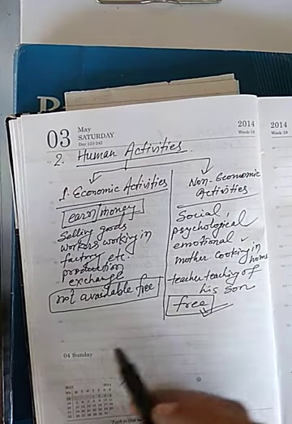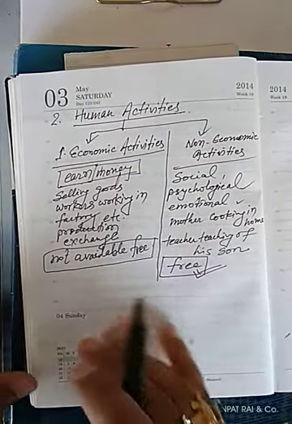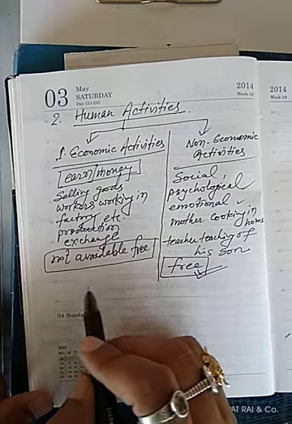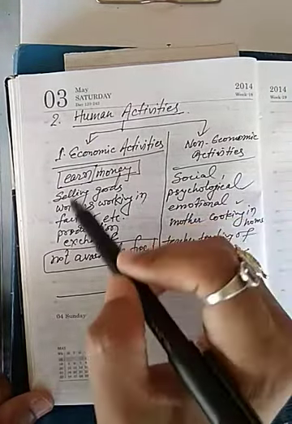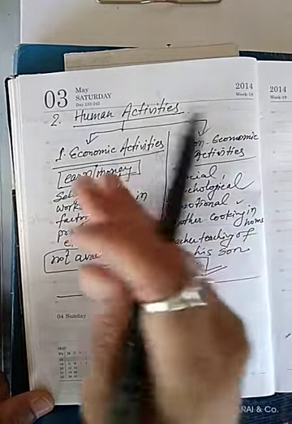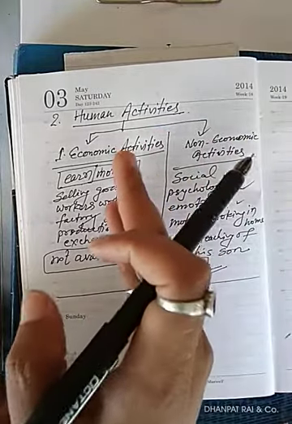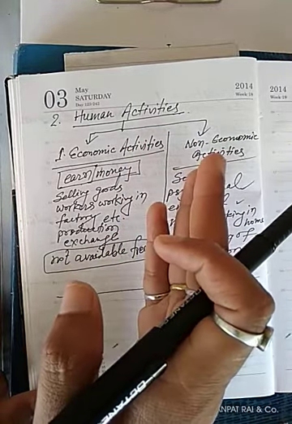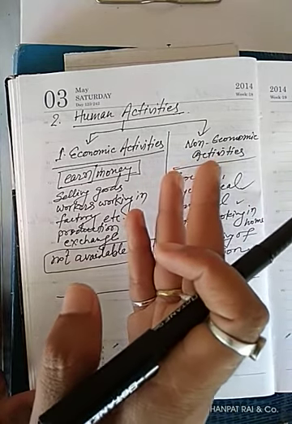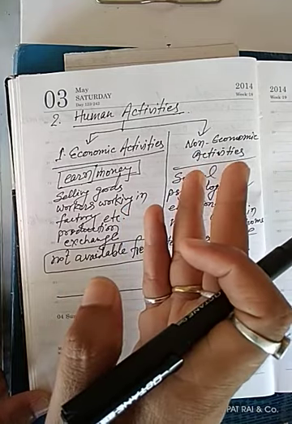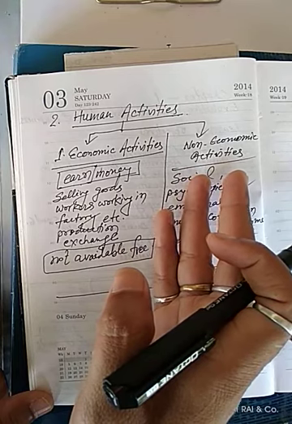Now, what are the differences? We can differentiate between the two activities, economic and non-economic. A question may arise: give 2 or 3 differences between economic activity and non-economic activity.